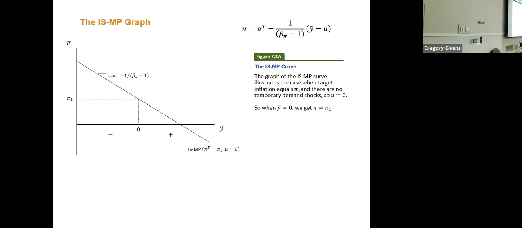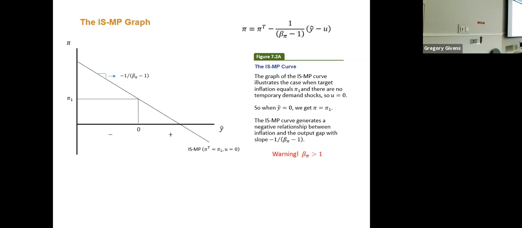What is the slope of the ISMP curve? It's given by this term, negative 1 over beta pi minus 1, correct? I'm saying that that's a negative number, so that the ISMP curve slopes down. Well, if it's a negative number, what does that imply about beta pi? It's got to be bigger than 1, okay?